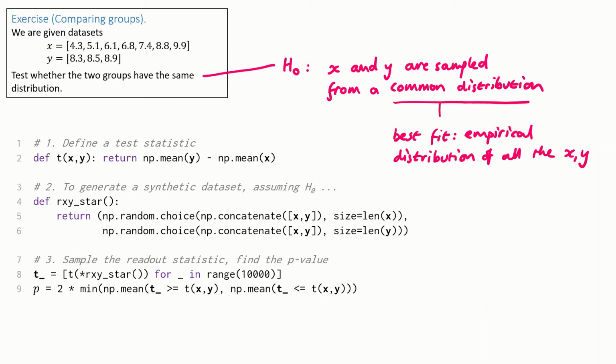If all the values, all the X and all the Y, come from a common distribution, then the best possible fit is the empirical distribution of all of those values. So now it's easy to see how to generate a synthetic dataset under the assumption that H0 is true. If H0 is true, then both X and Y are drawn from that common distribution. And that's exactly what we did.